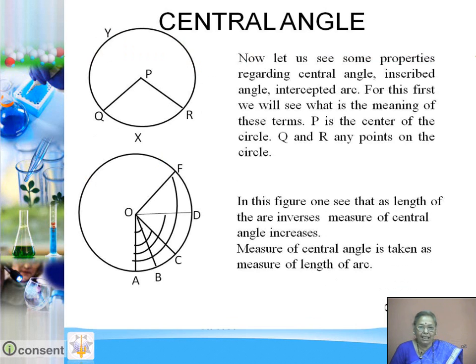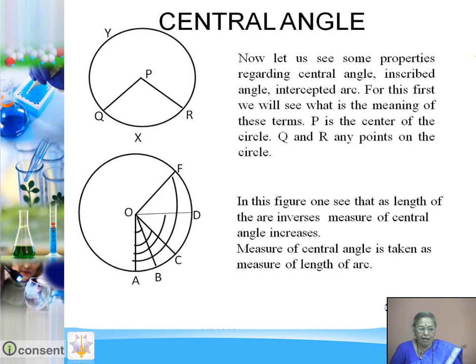Other properties of the circle: central angle, inscribed angle and intercepted arc. If you take any 2 points on the circle and join them to the center of the circle, then the angle formed is called the central angle. This central angle has the measure equal to the measure of the arc.